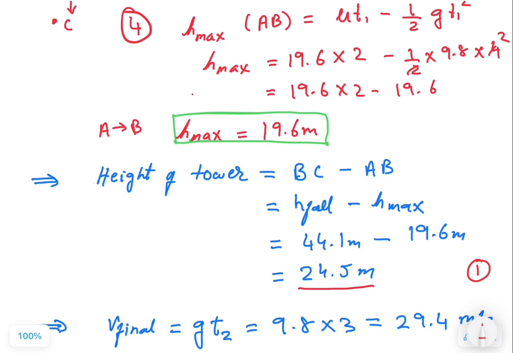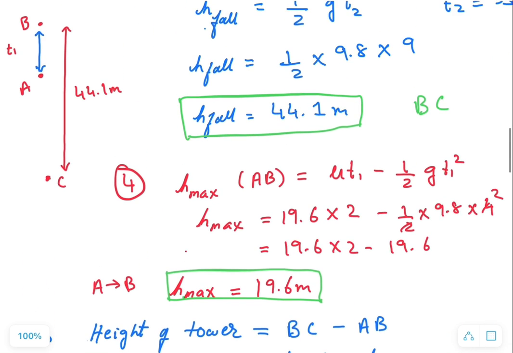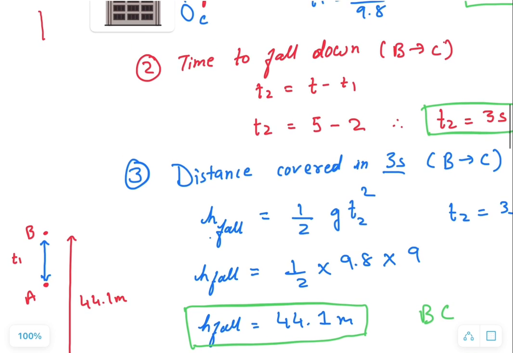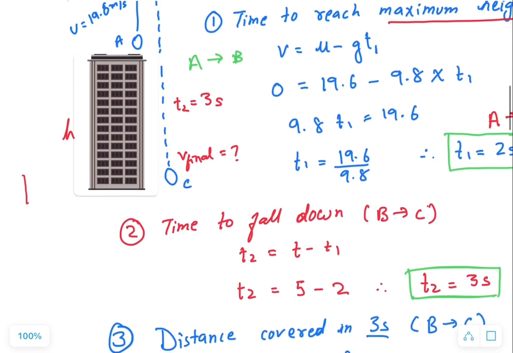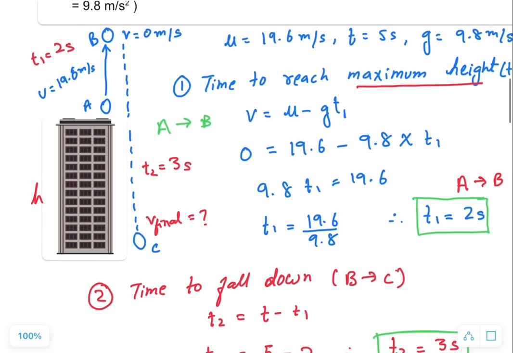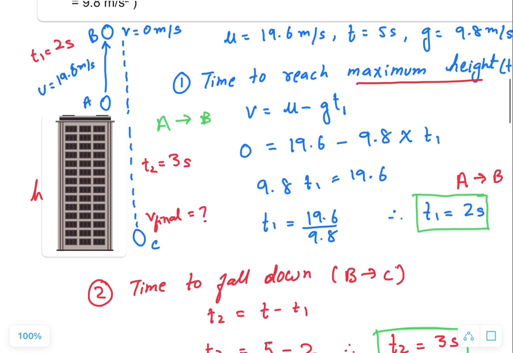And the velocity on reaching the ground, the velocity of the ball just before it is touching the ground, will be equal to gt2. So g is 9.8 meters per second square. T2 is the time taken by the ball to reach from the highest point to the ground, and T2 we have calculated before.